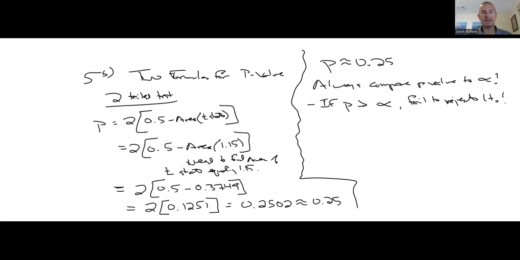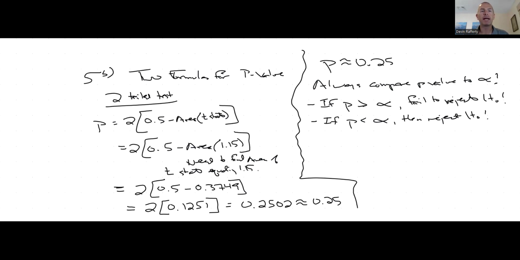If p is less than alpha, then you reject the null hypothesis. That is the rule for p-values.